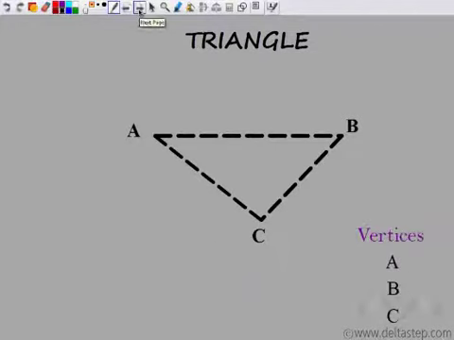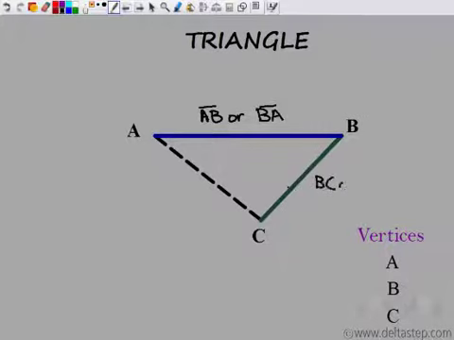Next, what we see is that if I join these vertices by a line, now this line is actually a side of a triangle, and I call this side AB, or you can call it BA. So it's a line segment with 2 points A and B. Similarly, the line that joins B to C is the line segment BC or CB.